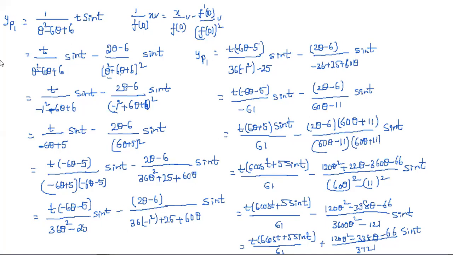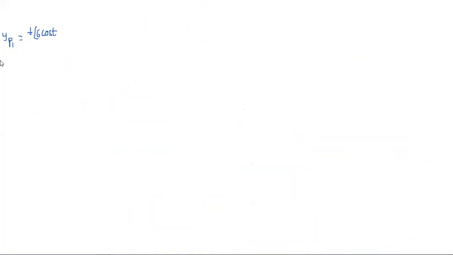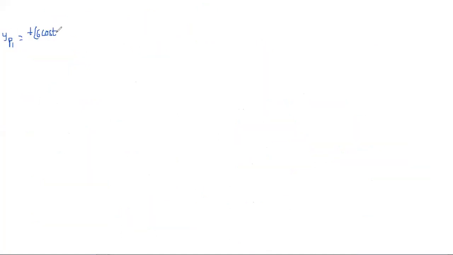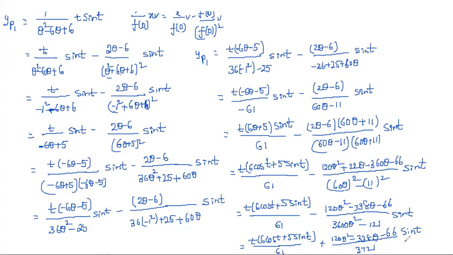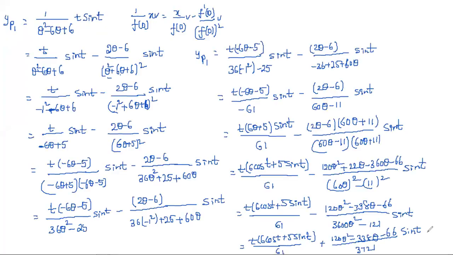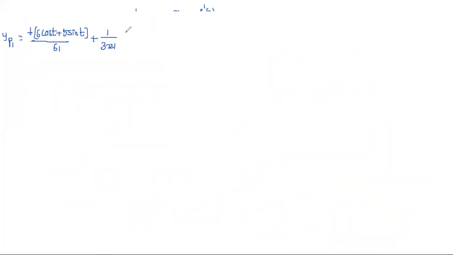So this is nothing but t into 6 cos t plus 5 sin t by 61, and next here it is having plus 120 theta square. 2 times derivative, we'll get it as plus 1 by 3721 into 120 into theta square.